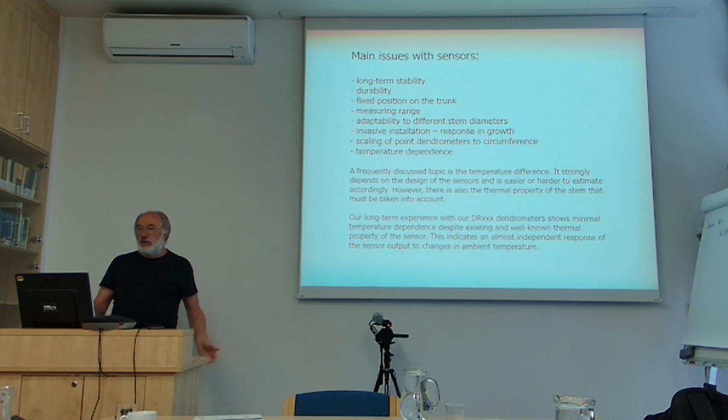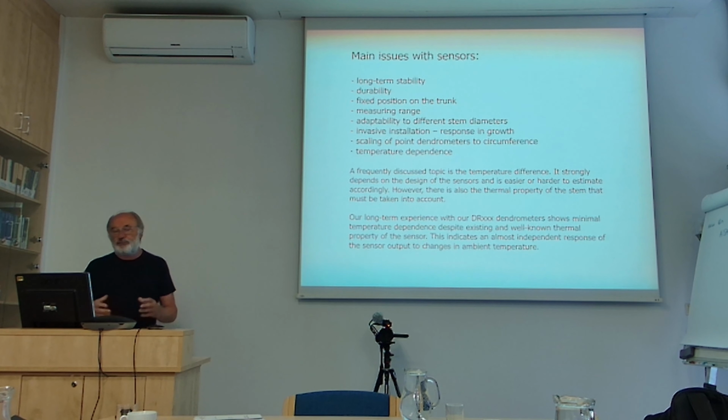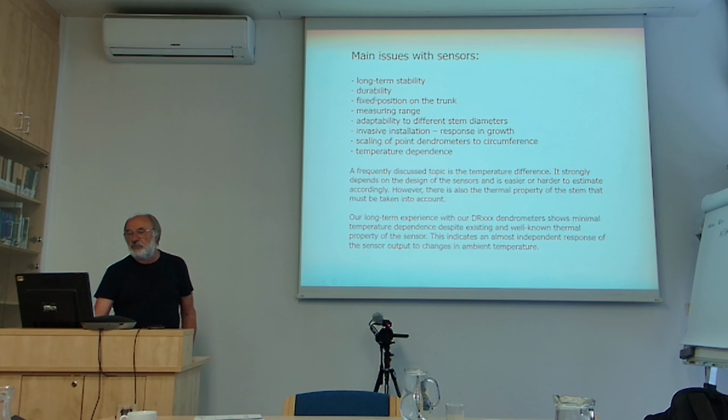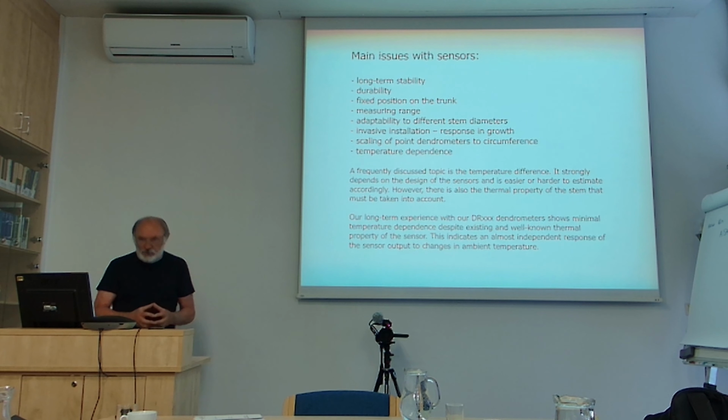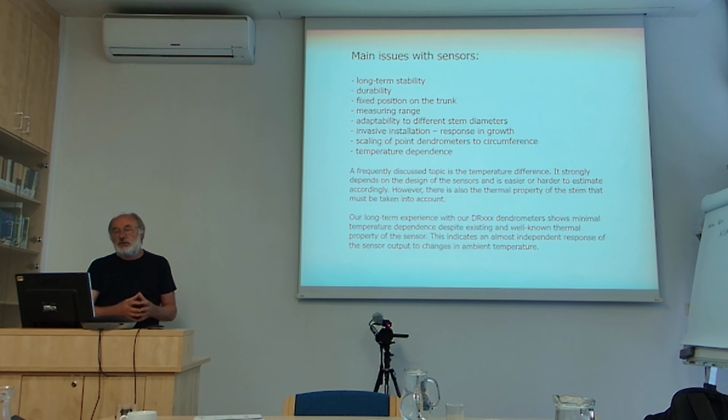The durability is clear. Fix the position of the trunk. It's everything the same. The sensor shouldn't influence the tree, but on the other hand, it should fix very well on the bark.